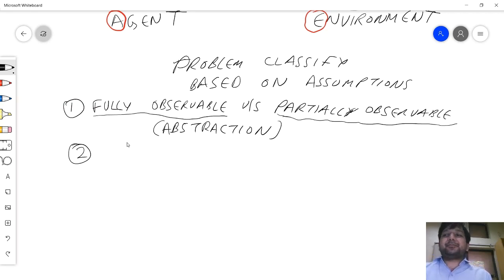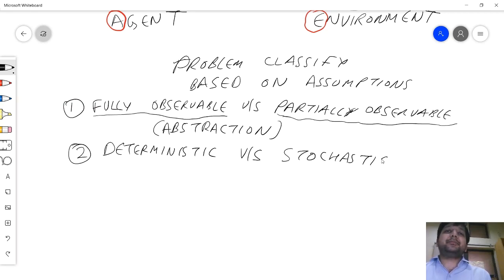Okay, now the other thing is what we say is deterministic versus stochastic. So a system is deterministic if you exactly know what will be the outcome of the actions.